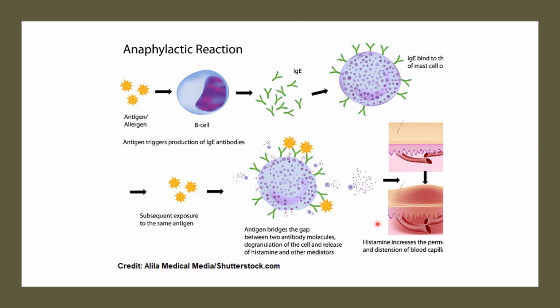After histamine is released in the circulation, it will act on different receptors. For example, on the blood vessels, particularly on the arterioles and the capillaries, it will induce dilation of the blood vessels, lowering the blood pressure and tissue perfusion. It will also induce bronchoconstriction, narrowing the airways and causing respiratory failure.